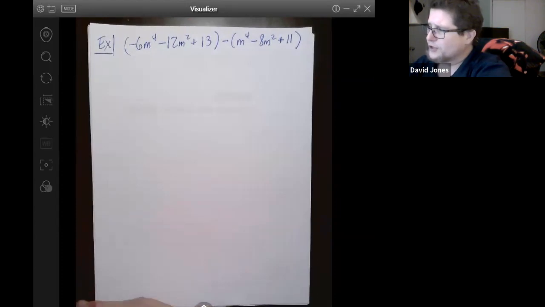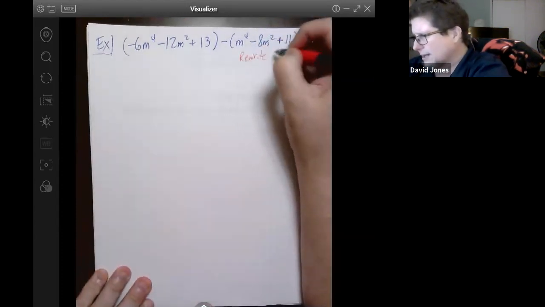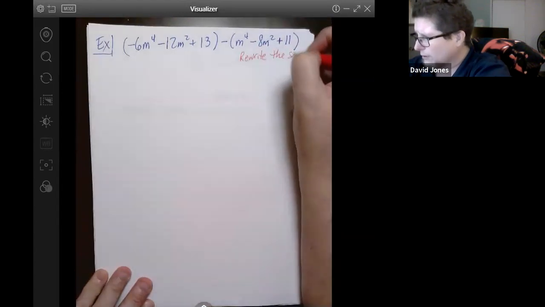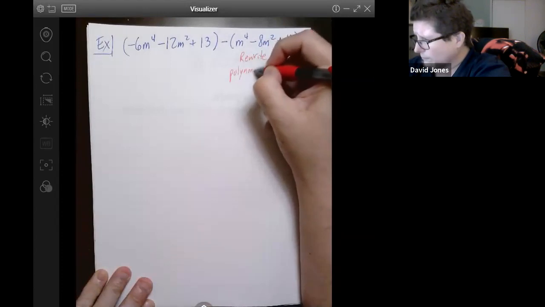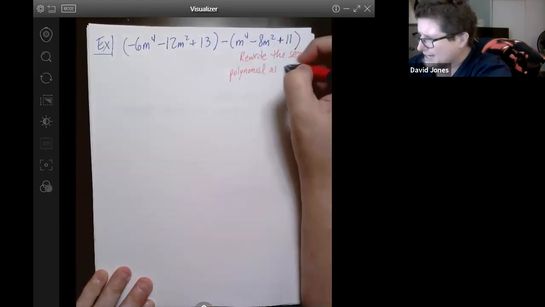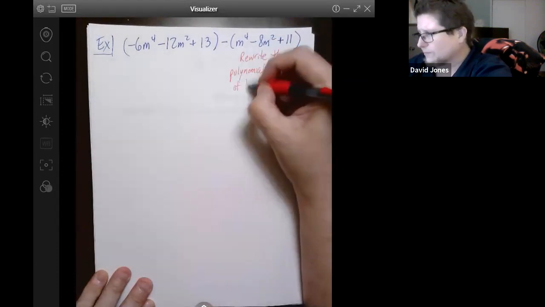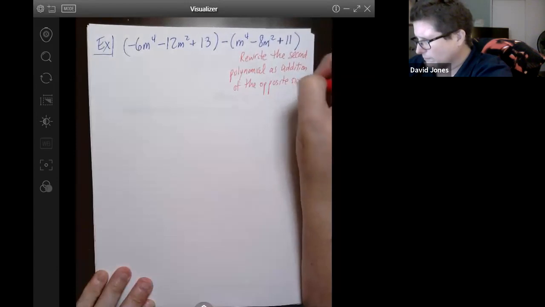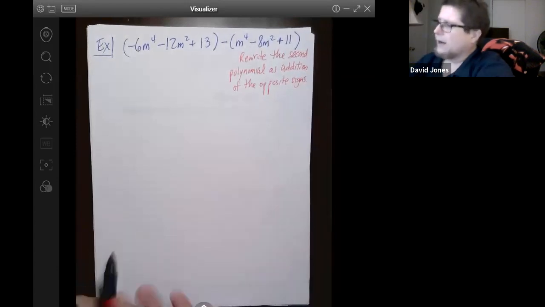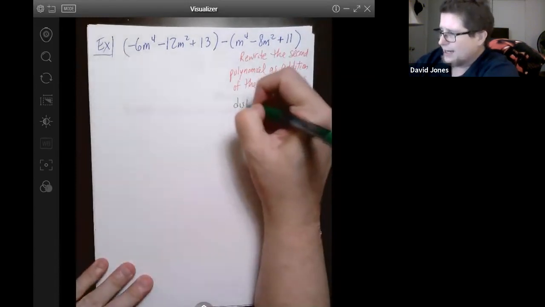This is easier to do. Rewrite the second polynomial as addition of the opposite signs. This is effectively like distributing a negative 1.